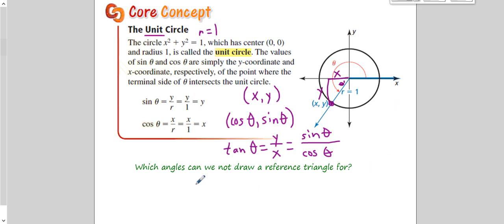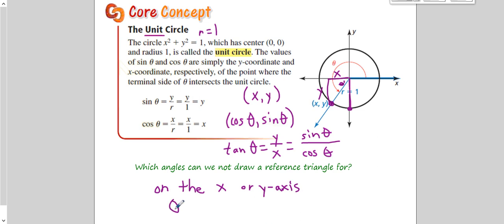All right, which angles can we not draw a reference triangle for? I drew a triangle here so we could kind of see the opposite, adjacent, and hypotenuse. But what if it were here? We're supposed to draw it always to the x-axis. That doesn't give us a triangle. So those angles on the axes, when that point is on an x or y axis, can't draw the reference triangle.